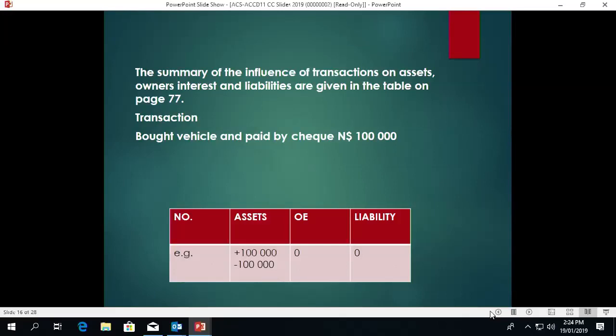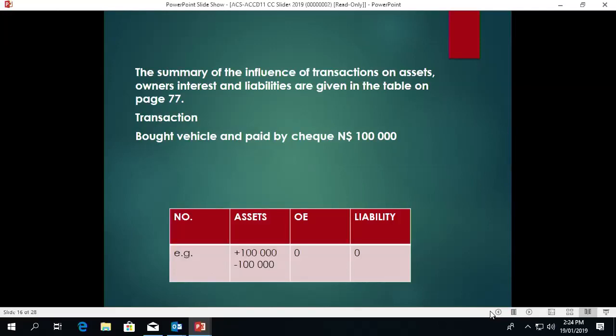equation? Like for example, if we look at the transaction, bought vehicles and paid by check. Now, when you have this type of transaction, it's very important that for each transaction you must identify two accounts. Now, the main accounts.